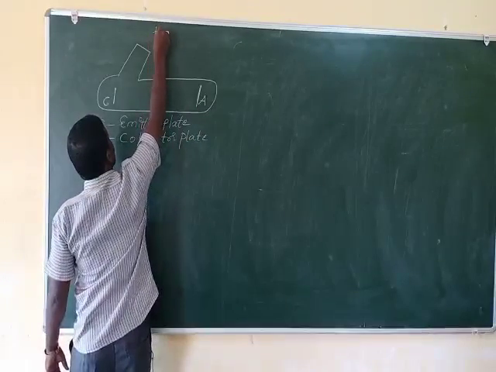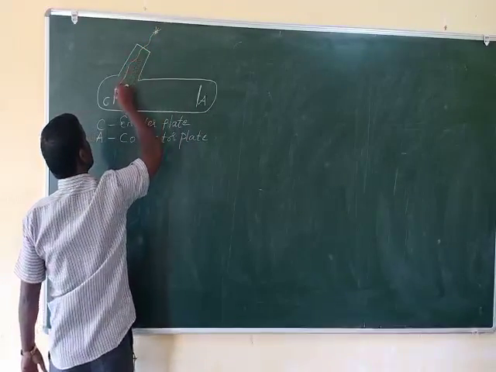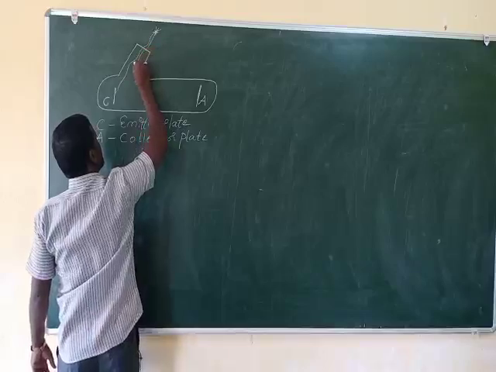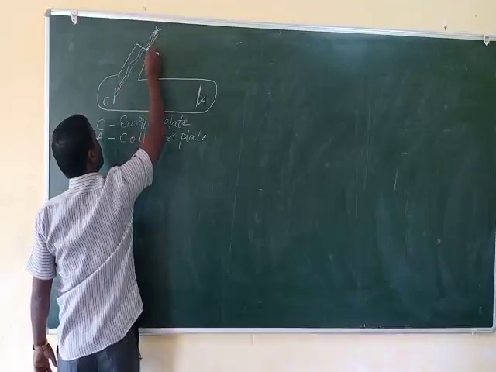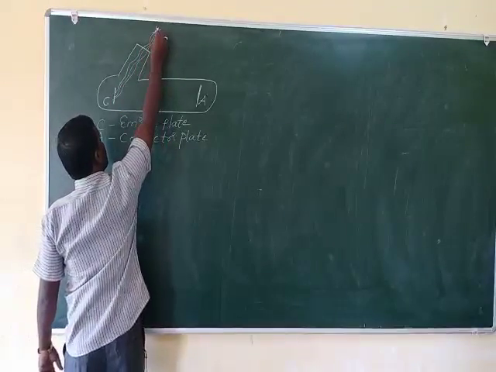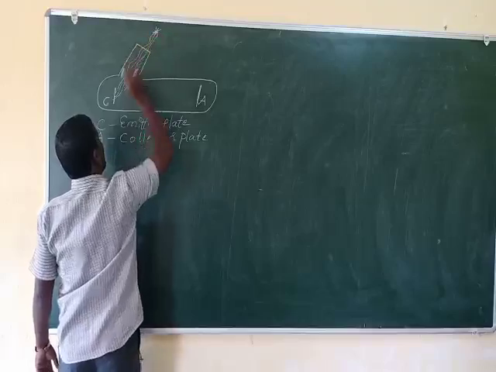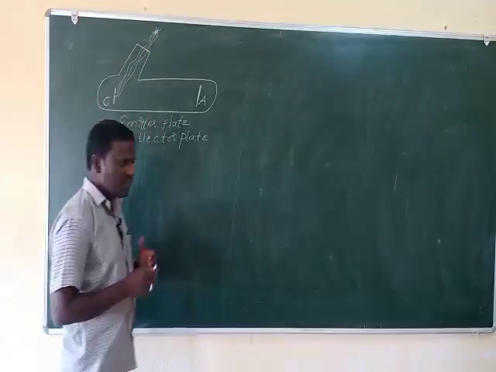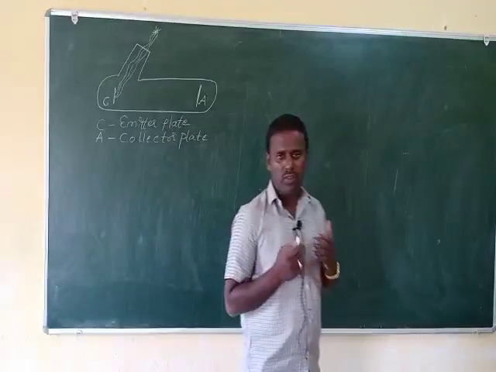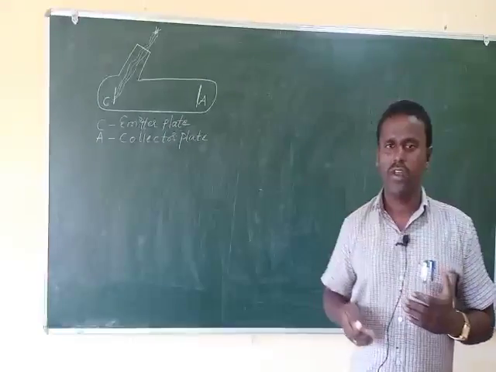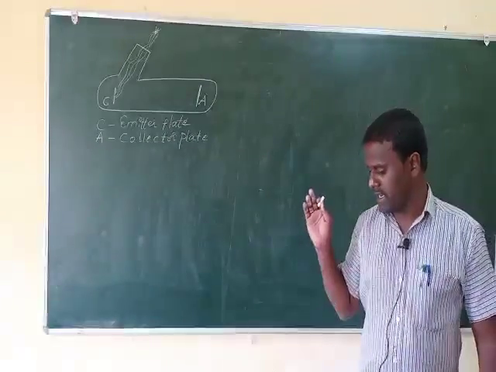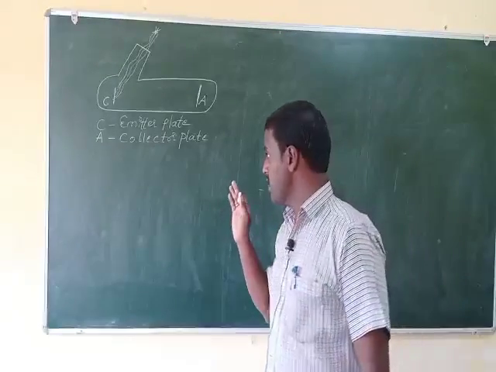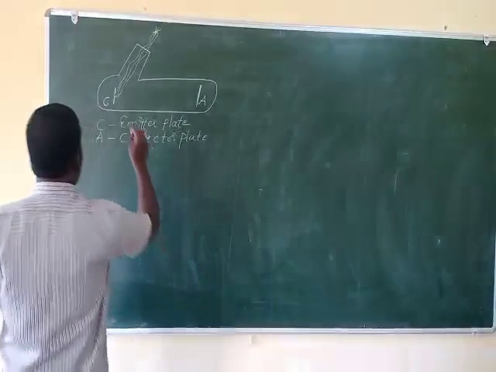Here this is the source of radiation, and these are the rays of light. The rays of light are made to fall on the cathode plate or emitter plate. As soon as the light falls on the cathode plate, electrons are emitted from it and start moving towards the collector plate.